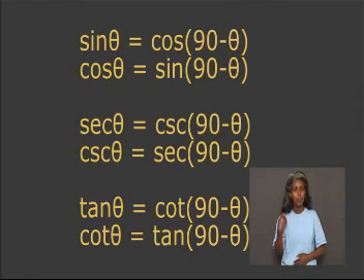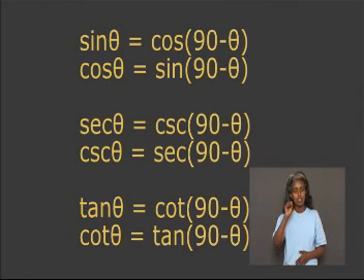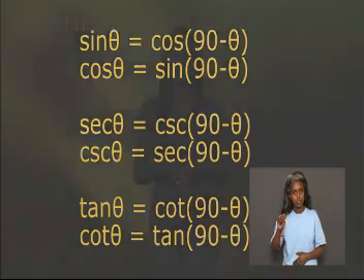We can also do it backwards. The cosine value is equal to the sine when it is subtracted from 90. This is true of secants and cosecants and of tangents and cotangents.